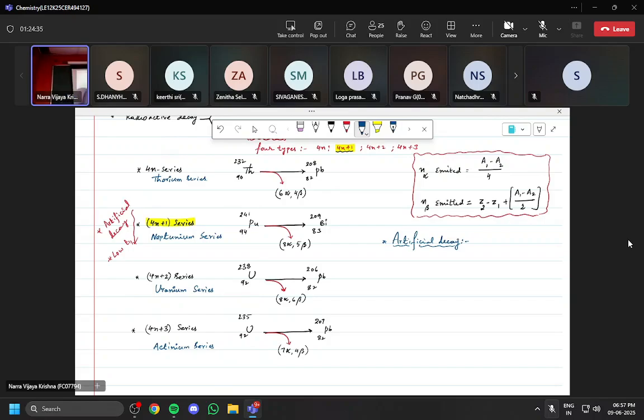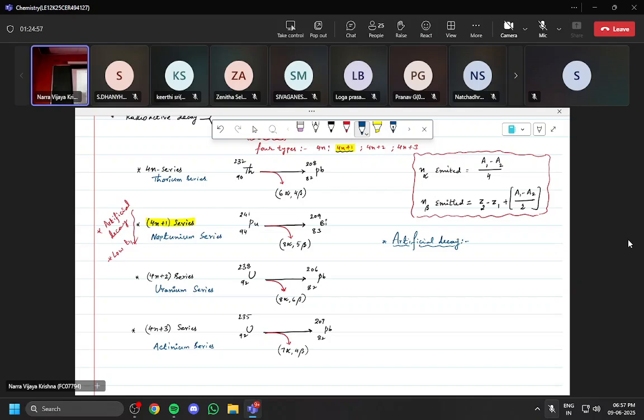Artificial decay means naturally it is stable. We will make it unstable and make it emit radiation. Actually it is stable; we will disturb it, make it unstable, and after making it unstable, it starts emitting radiation. Then it is called artificial decay.